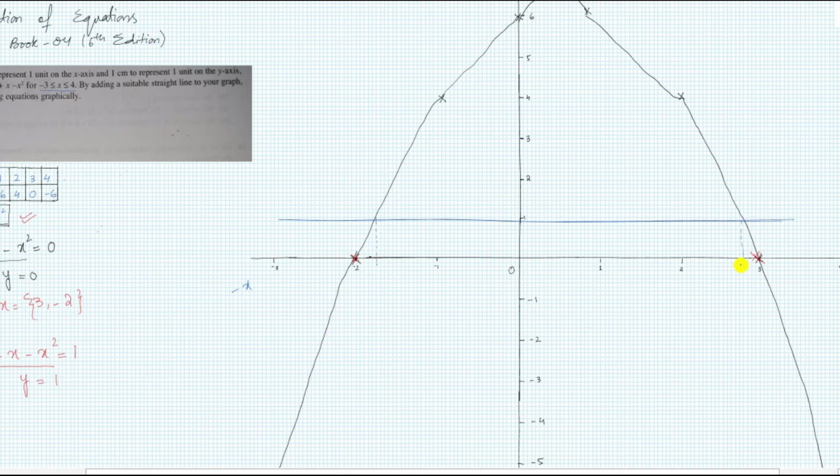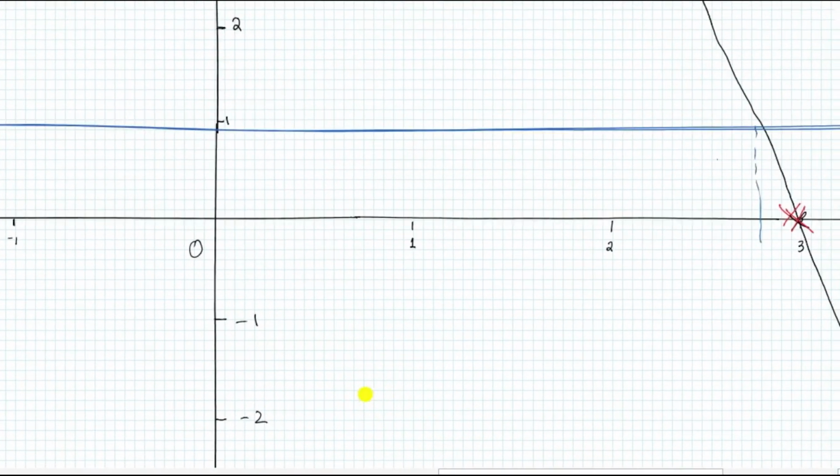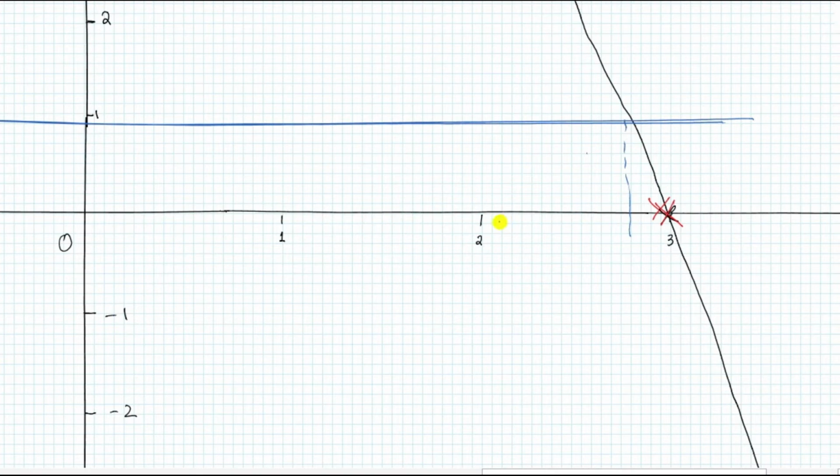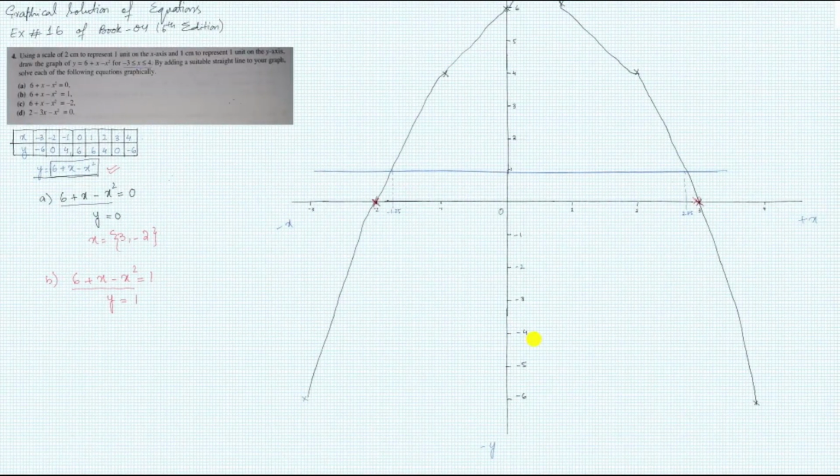Okay, so here we read this x value, it will be minus 1.75, and similarly when we read it from the other point, it will be 2.75. Okay, so the answer of this part is minus 1.75 and 2.75.